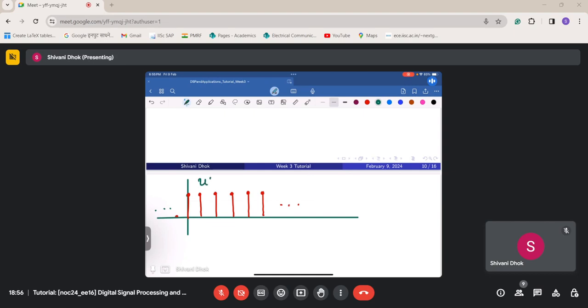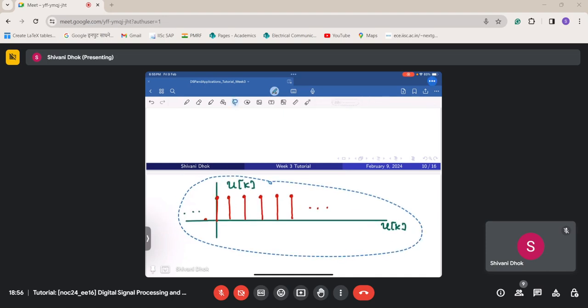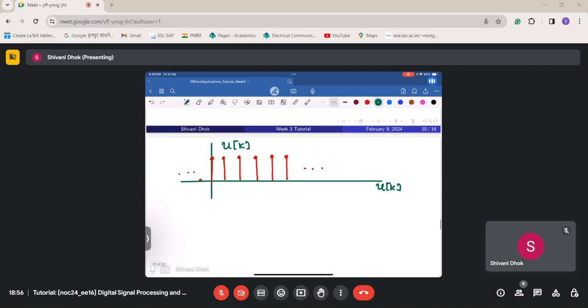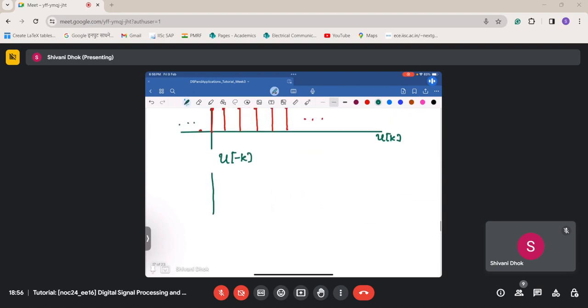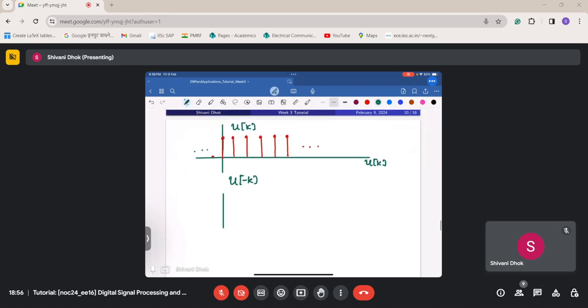So this is my u[k]. And how will u[n minus k] look? For that, we'll first look at u[minus k]. This u[minus k] will look something like this, and it will be 0 otherwise.